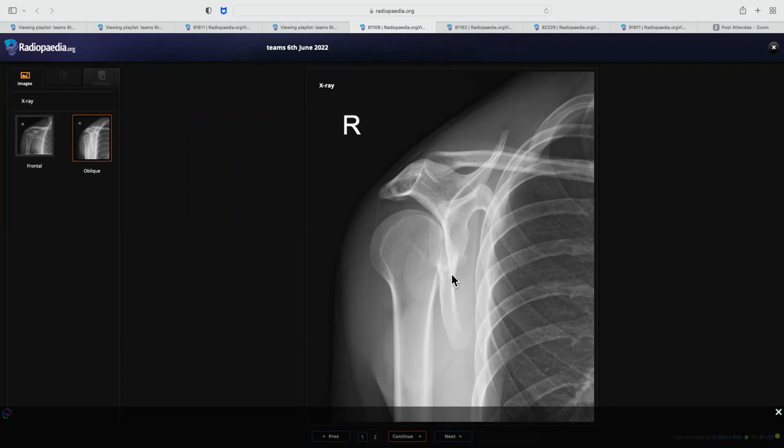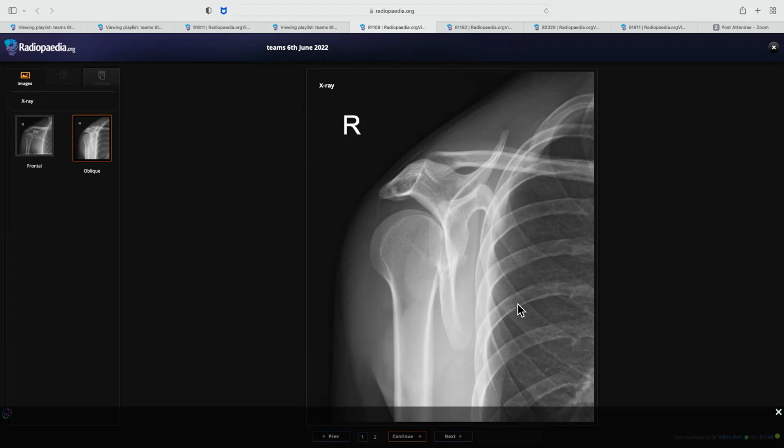Yes. Okay, what views do we commonly do for the shoulder? Axillary view, which is the axial view, and frontal view and oblique view. Any other views you know? Lateral. I don't know. No.